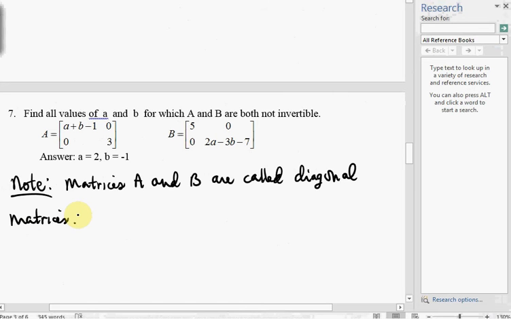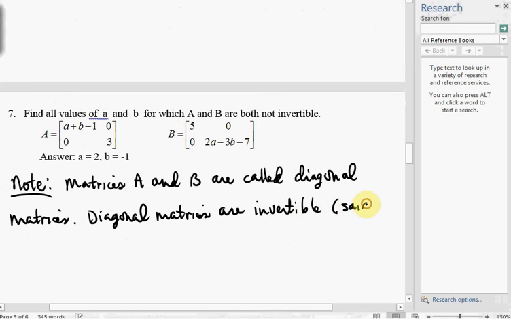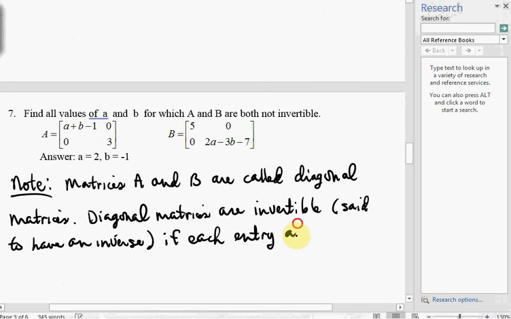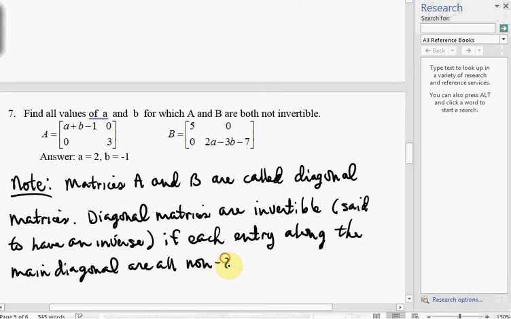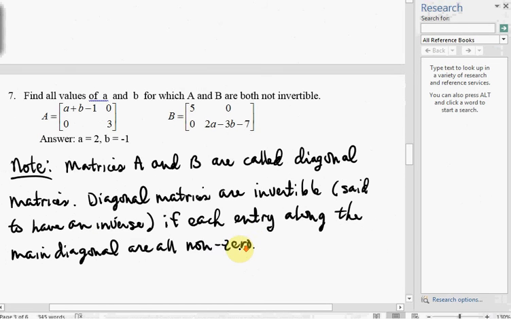Diagonal matrices are said to be invertible or have an inverse if each entry along the main diagonal are all non-zero.